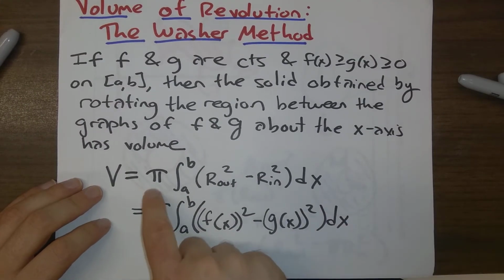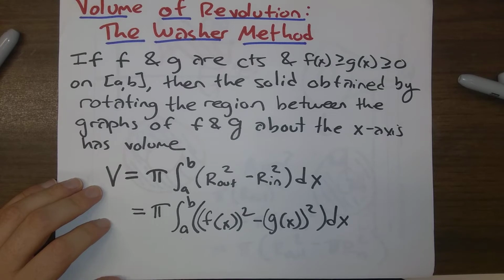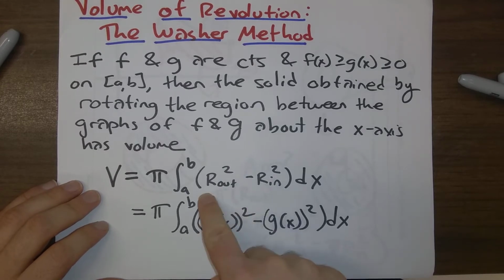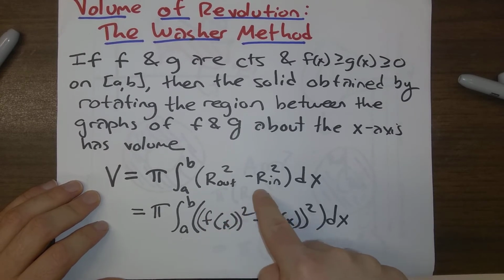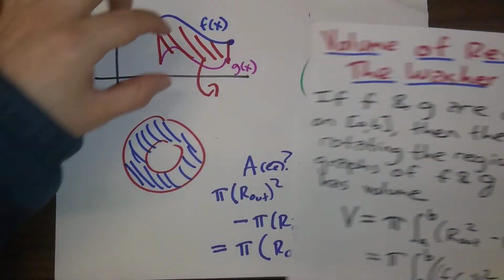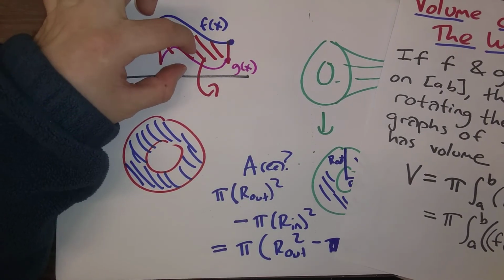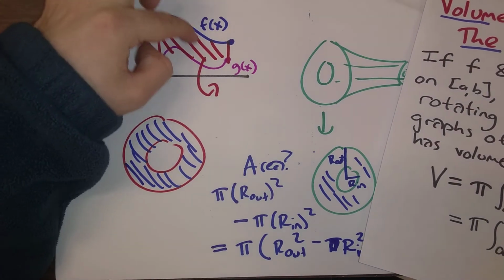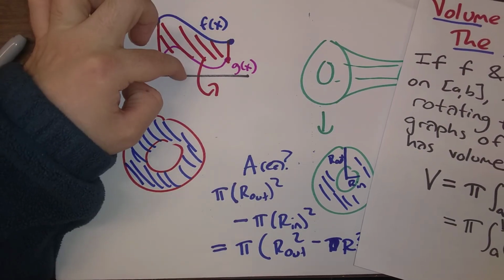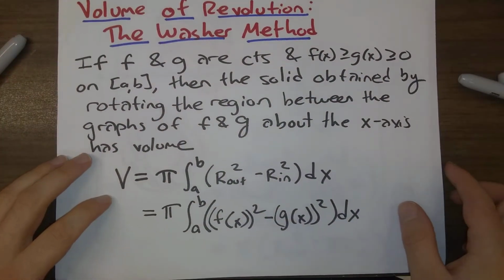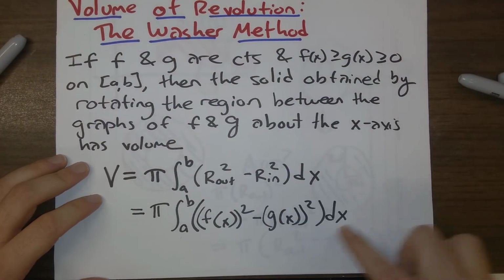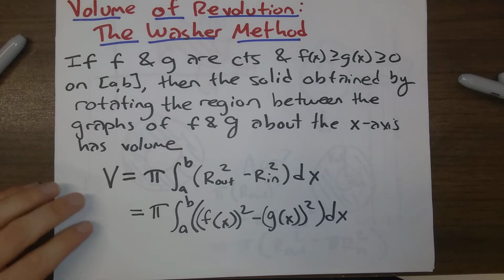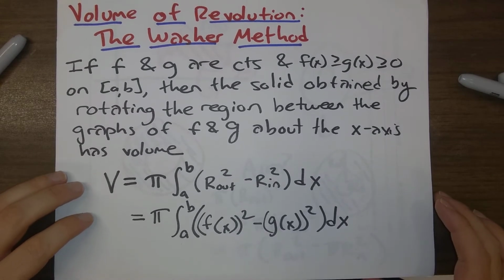We factor out that factor of pi. But then, what is r sub out? What is r sub in? Those are just going to be f of x and g of x respectively. The outside radius is from here to here, that's f of x. The inside radius from here to here, that's g of x. So this is our big overall formula here.